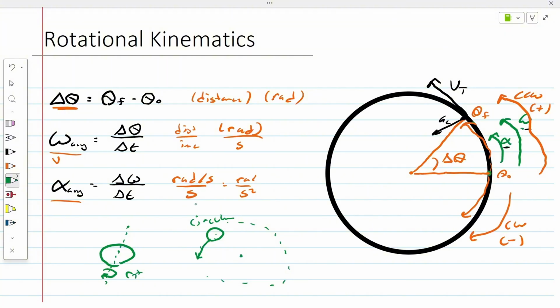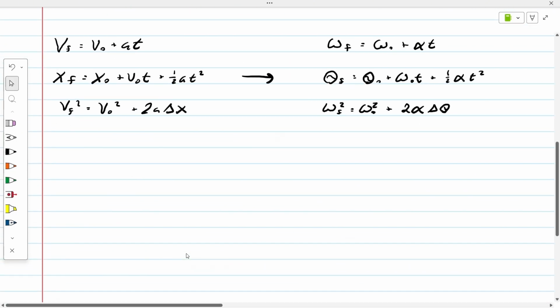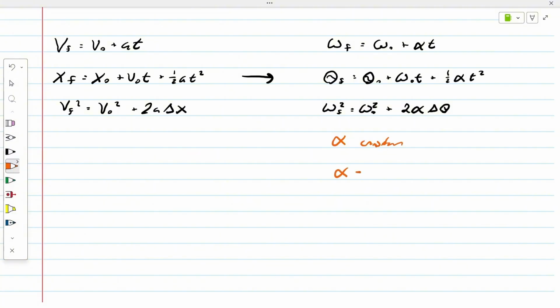Alright, so since we have these average quantities that are the same as in normal 2D kinematics, we can use those same constant acceleration equations. This is only going to be valid if alpha is constant. Note that alpha does not equal the centripetal acceleration, which is going to be changing if you took any point on the object.